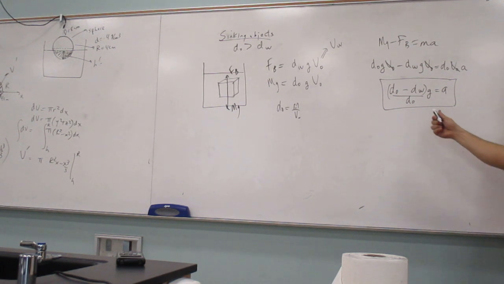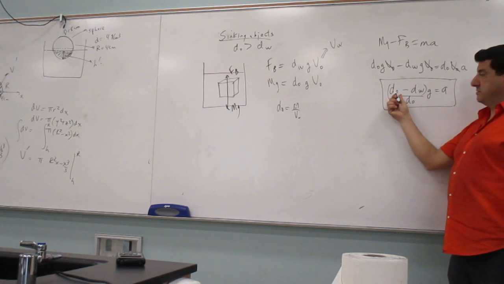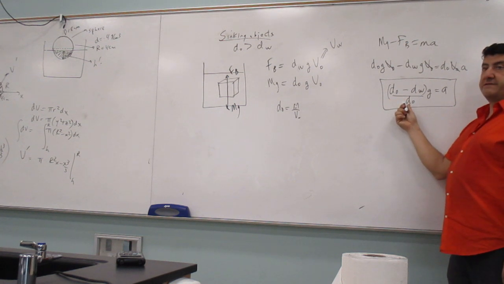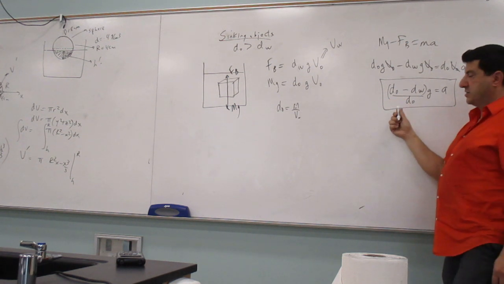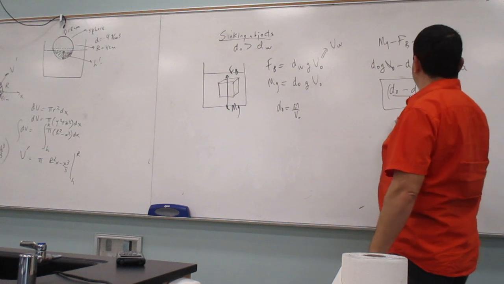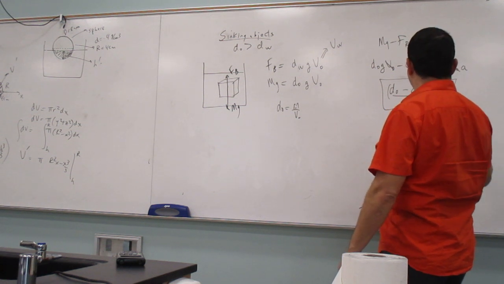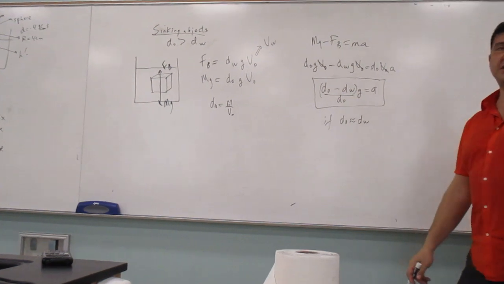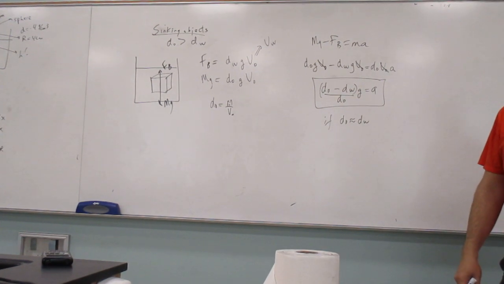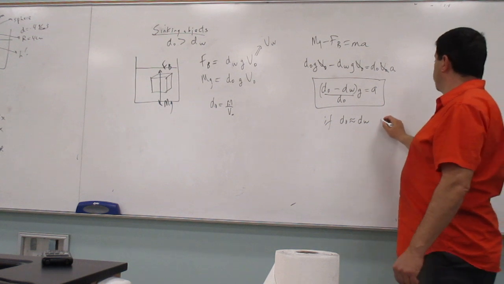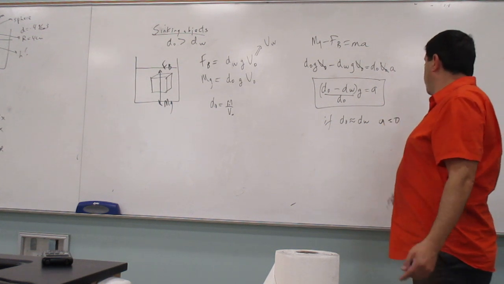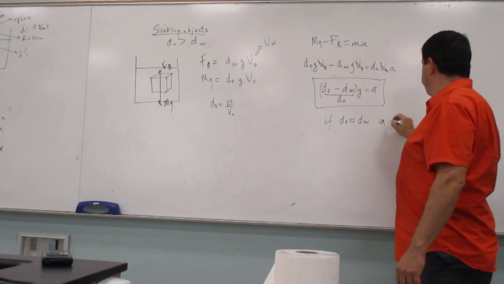So the denser the object, the faster they sink. Let's see if this equation makes sense. If dO is approximately equal to d water, if your density is about the same as the density of water, what happens? The acceleration is 0, or close to 0.